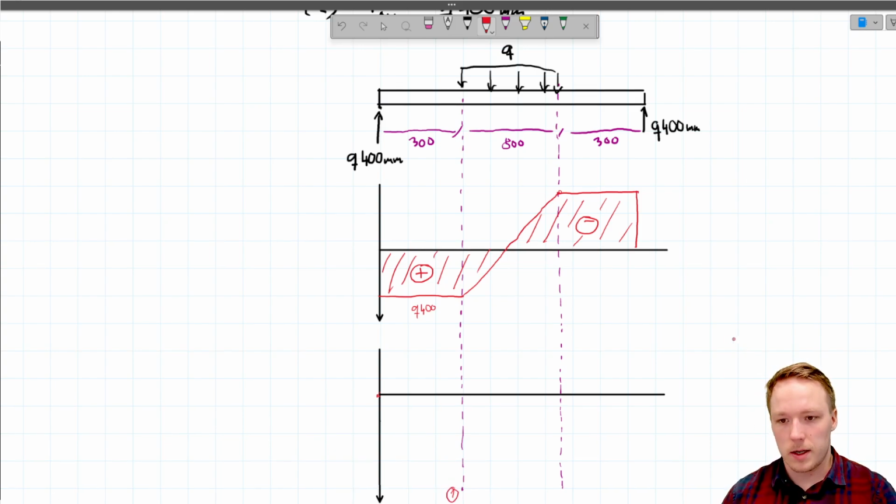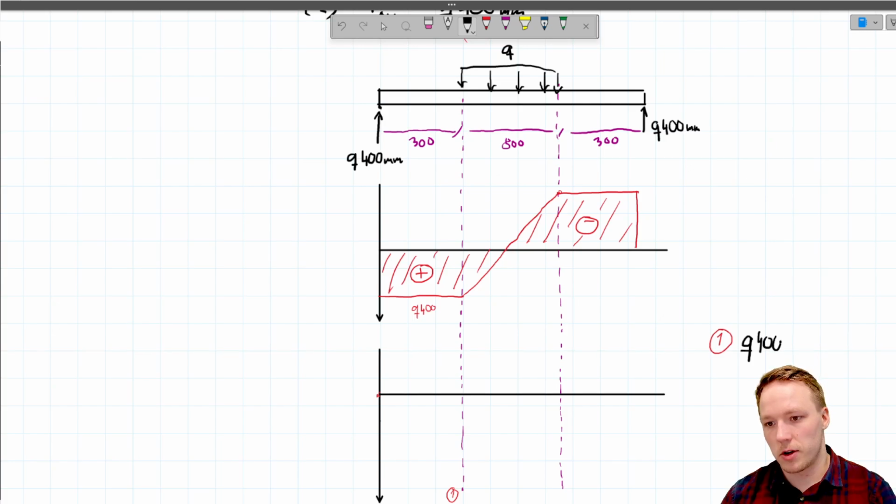We can calculate at location number 1 our internal bending moment: it will be Q times 400, which is the external support force which we have here, multiplied by the distance of 300 millimeters, which means that the value will be Q times 120 times 10 to power 3 millimeters power to 2.